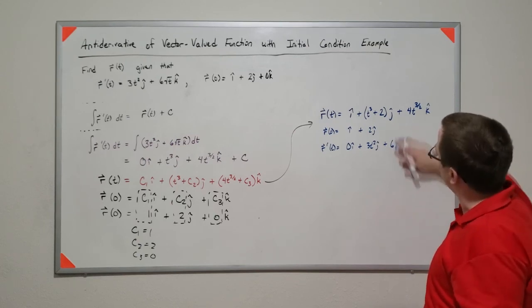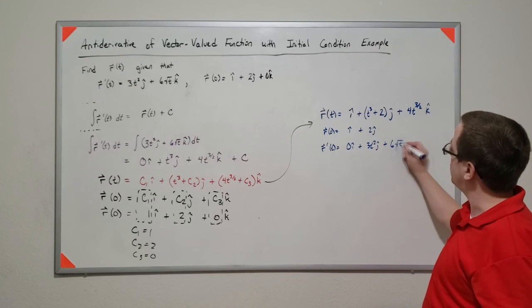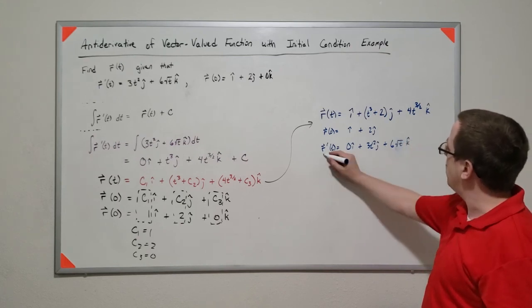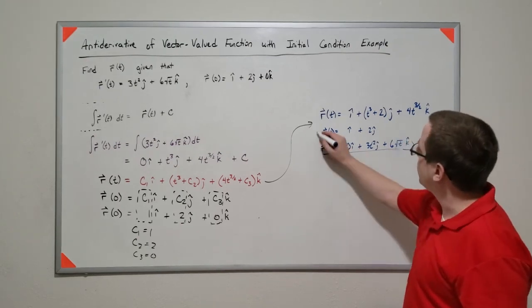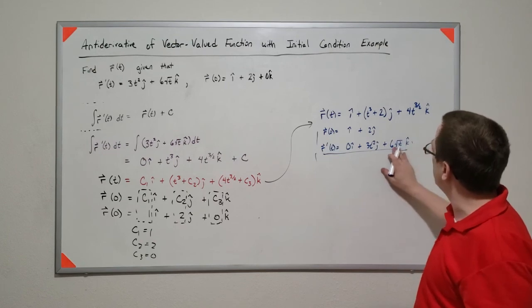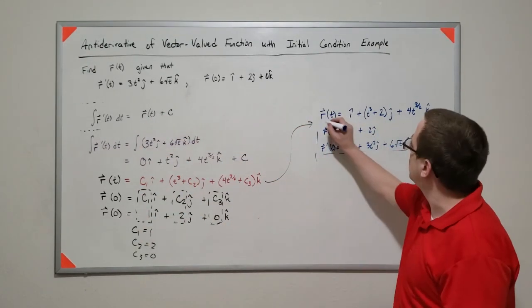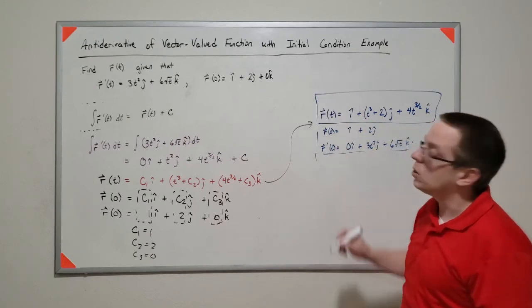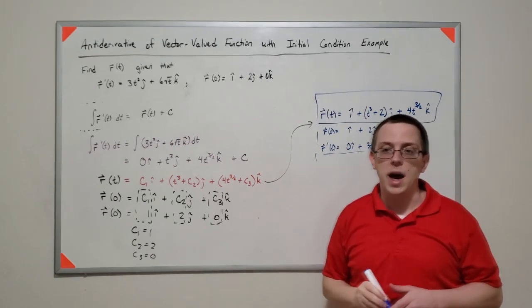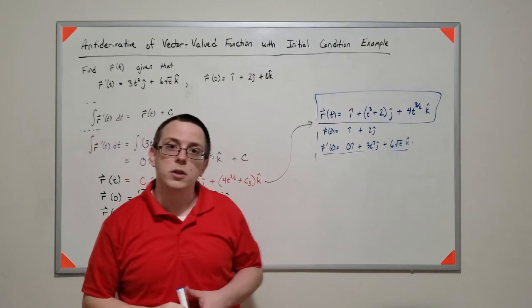So that's really 6 square root of t k. So these are things that I've computed. They match the givens. So we can be reasonably confident that we have constructed the correct answer.